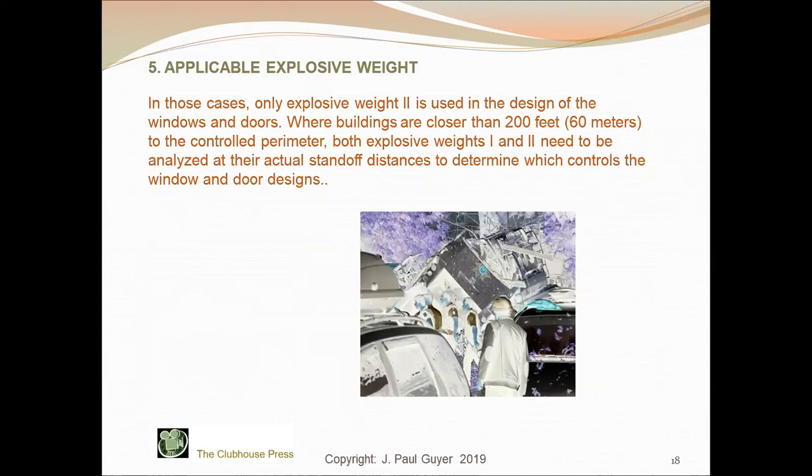Where buildings within controlled perimeters are located closer than the conventional construction standoff distances for both explosive weights 1 and 2, they will have differing effects on the various wall types tabulated in table B2, which you will see shortly.